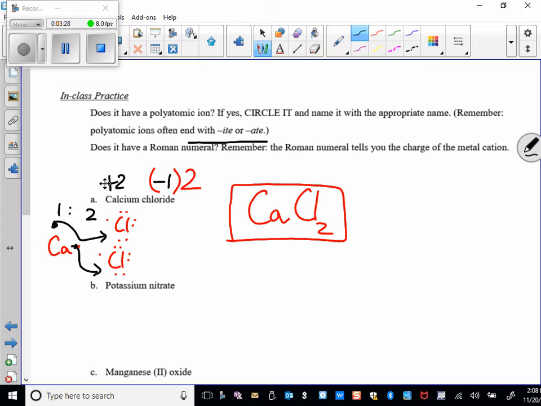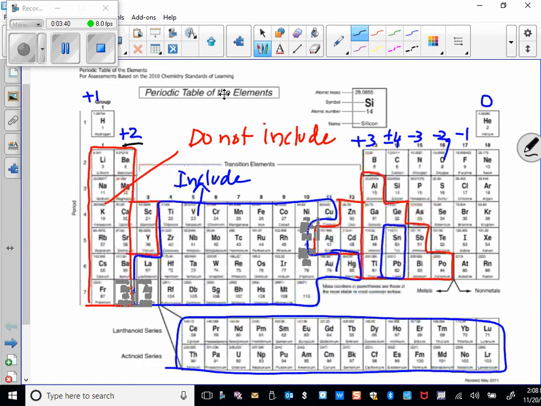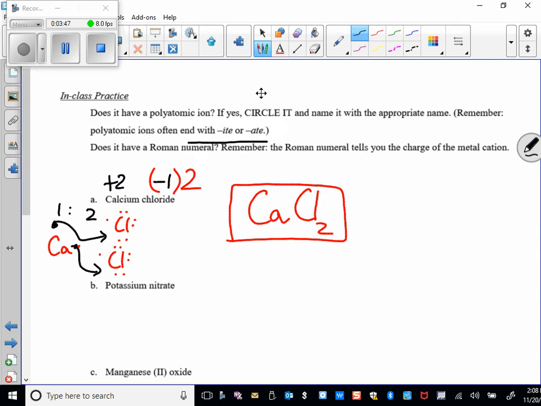Do we understand this? Okay, so let's see how I am going to write the next formula. Now the element is potassium. What is the charge for potassium off of the periodic table? Potassium is a +1. Now, you really have to pay attention to the ending. What is the ending in this case?